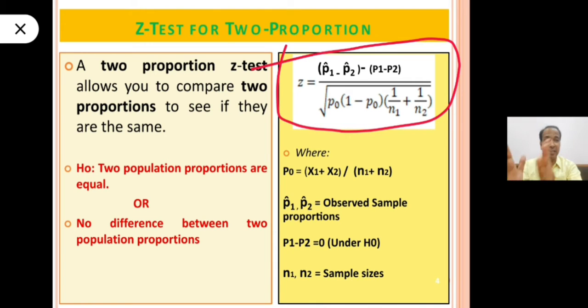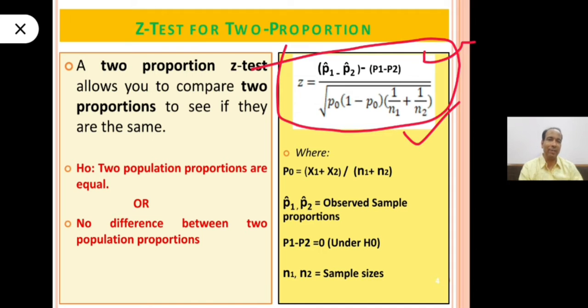Again, just recall what the test statistic is: difference upon standard error. So the numerator shows you the difference of population proportions and populations proportions observed from the sample. That is the difference between the two, and the denominator denotes the standard error.